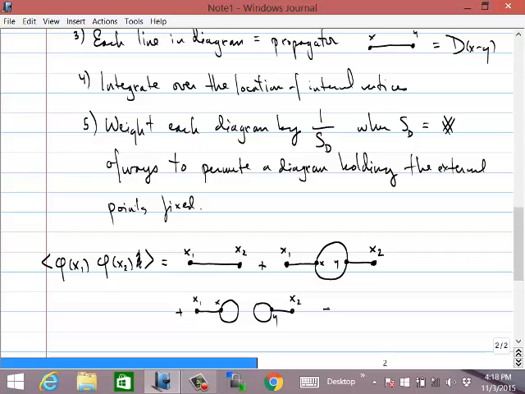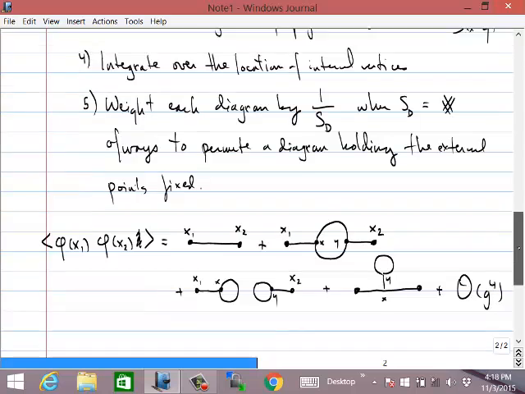And then finally, there'll be one more contribution that looks like this, where you have 2 points now, x and y. And then there'll be terms that are of order g to the fourth. It's pretty easy to see, you can check it for yourselves, that there aren't going to be any contributions at order g cubed, again because there's no way of connecting up three interaction vertices together to have only two external vertices.